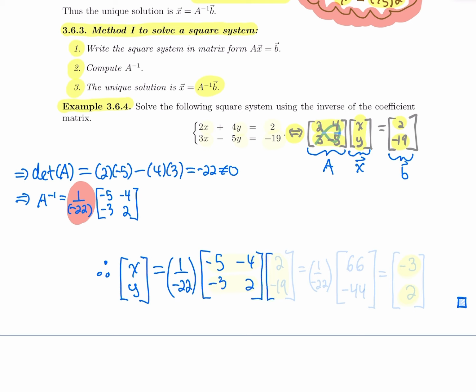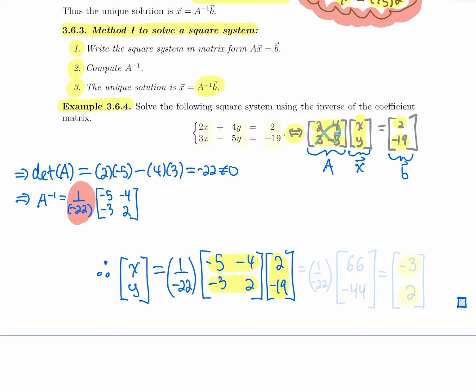So this is a matrix multiplication question. So perfect for me on a test. I want to test you on matrix multiplication. I can just ask you to solve a square system using the inverse. So there's an inverse computation with Gauss-Jordan, and then there's a matrix multiplication.